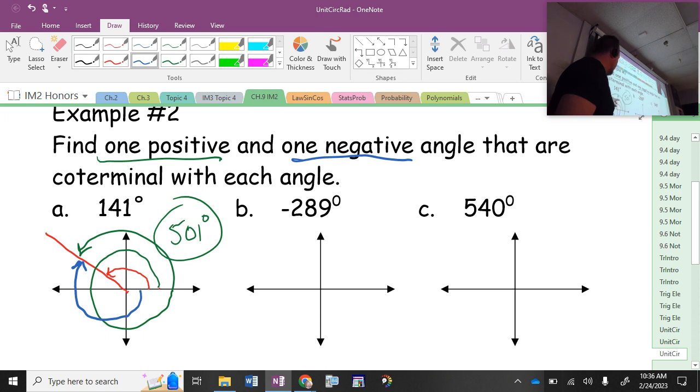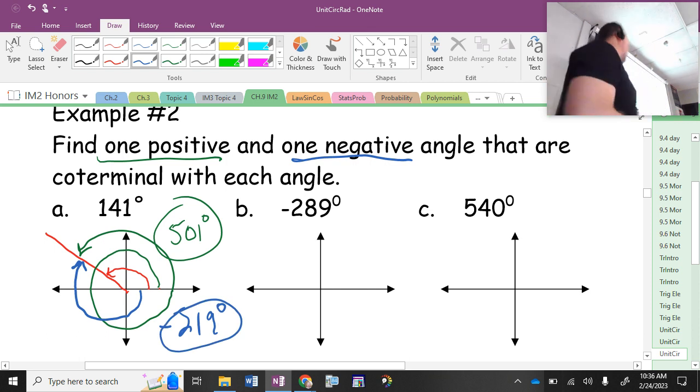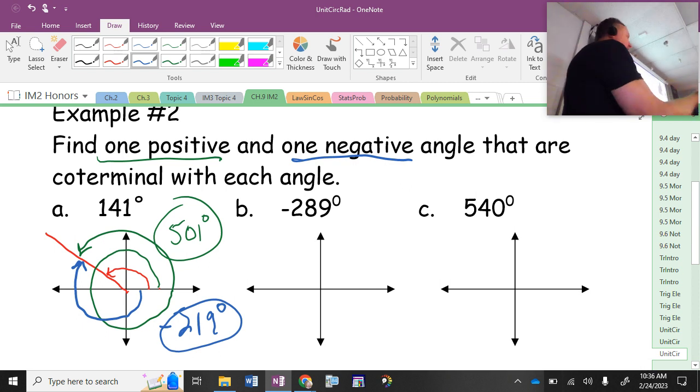So that's the difference between the two. What is that? Did anyone get that already? Is it negative 219? Okay. Negative 219 is the blue. They all land in the same direction. Some are just different than others as far as how you circularly got there.